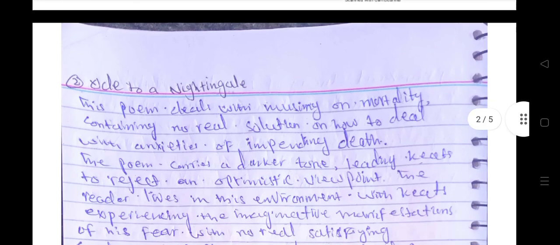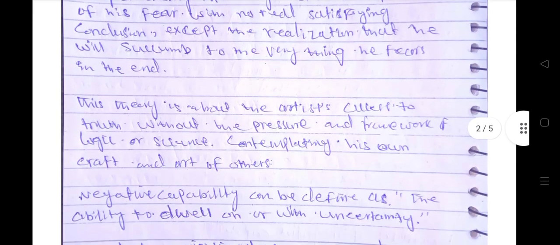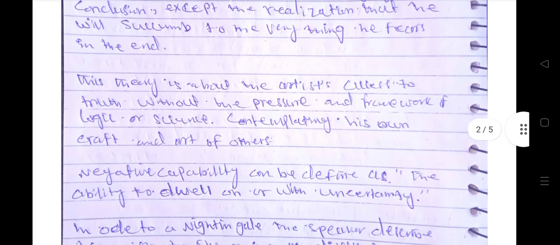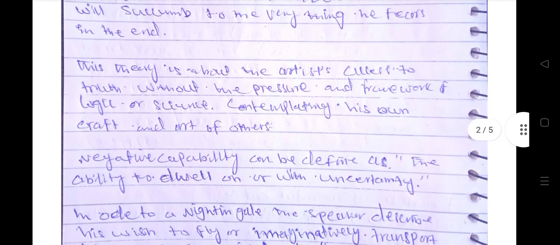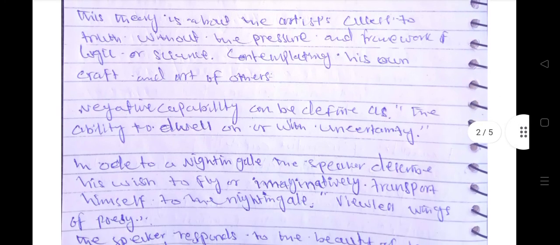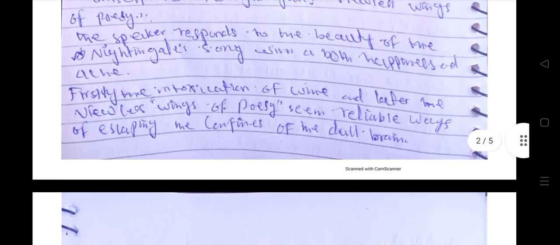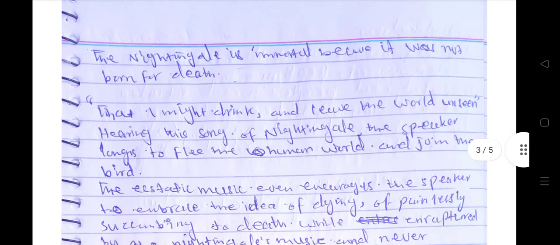And in Ode to a Nightingale, we will discuss the lines as well. This is about the artist's access to truth without the pressure and framework of logic and science. I will discuss the specific lines.